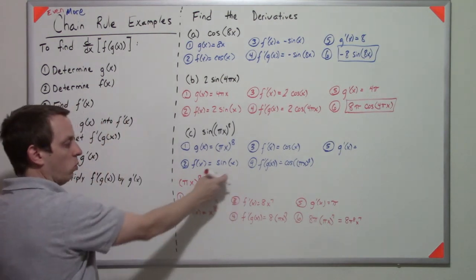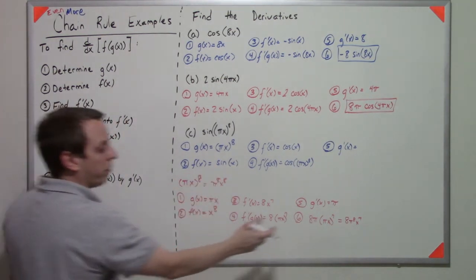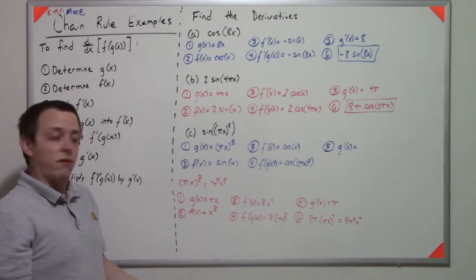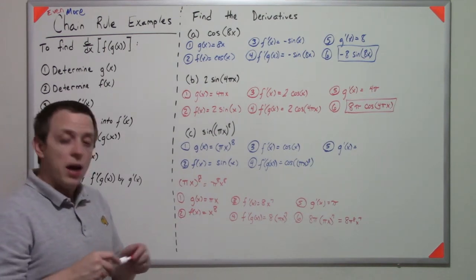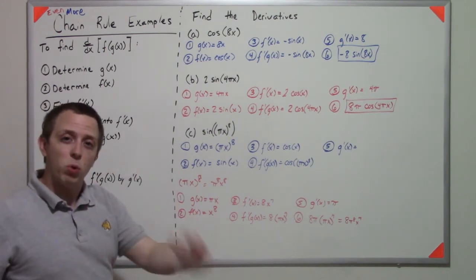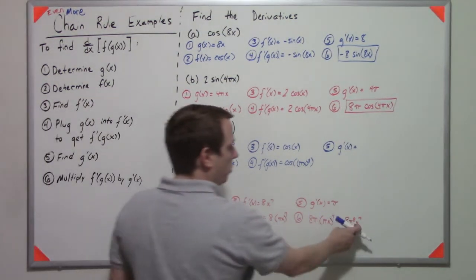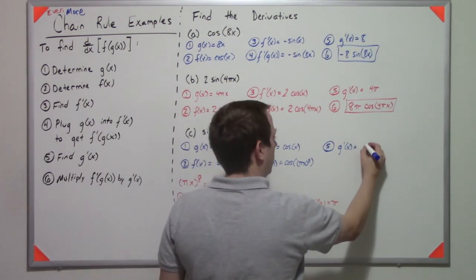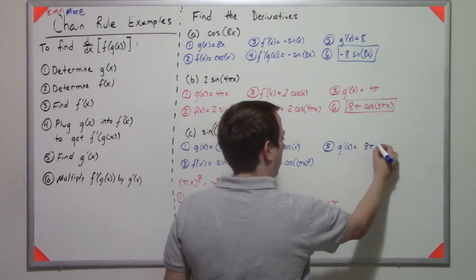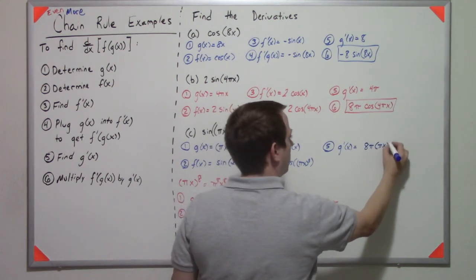You know, the power rule would have brought down the 8, subtracted 1 from the power. So we would have gotten the same thing. So I know it's a lot of work, but it's just showing you that you can break these things down into chain rules. So that tells me that this is 8 pi to the 8 x to the 7th.